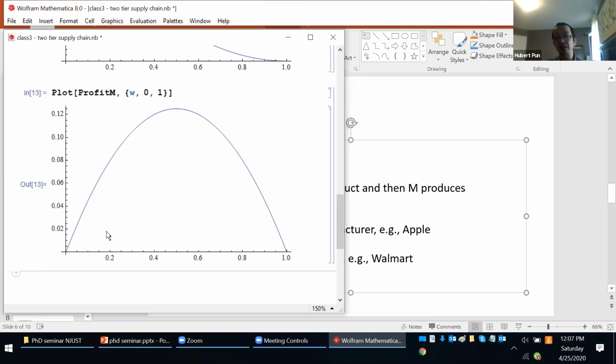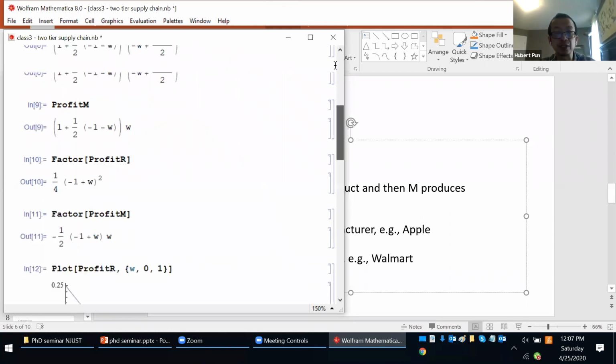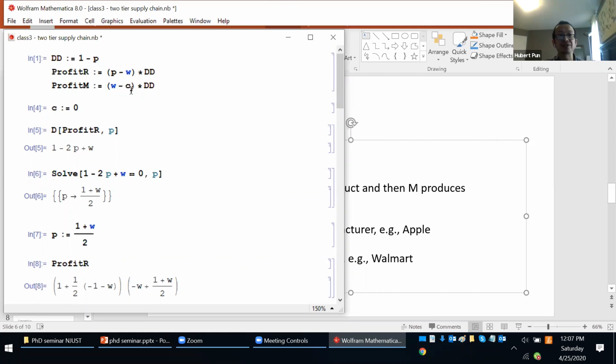When the wholesale price equals 0, then the manufacturer earns 0 profit. The reason is that the manufacturer's profit is (W minus C) multiplied by D. So right now C equals 0.